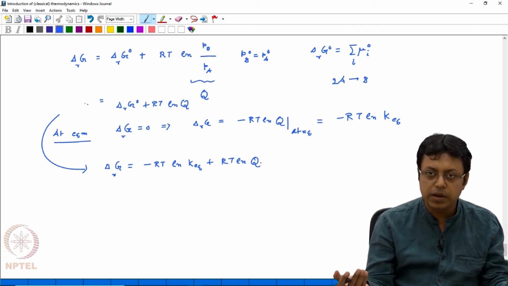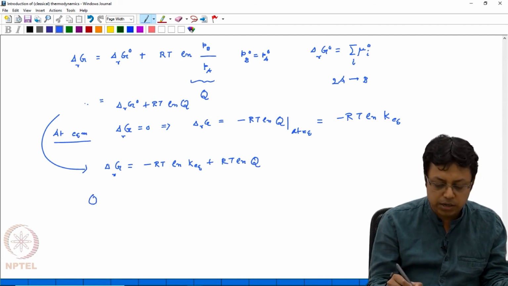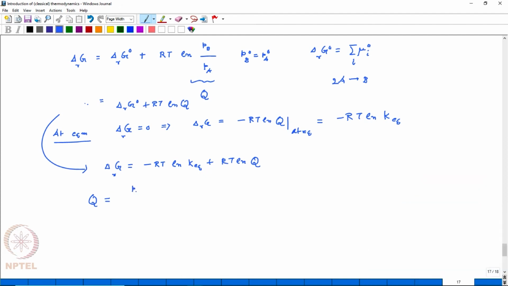And then we can also do it for a general reaction, in the sense that if we preserve the stoichiometry numbers, the nu i's also, then eventually one can show that this quotient will be nothing but the pressure of the, let's say the way we started it, A plus B is going to C plus D with the stoichiometric coefficients nu A, nu B, nu C and nu D. Then in the numerator we will always have the products.